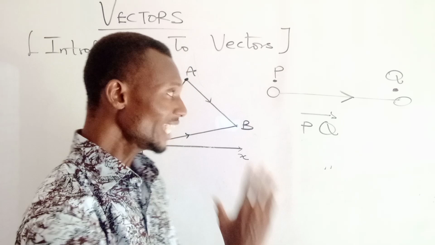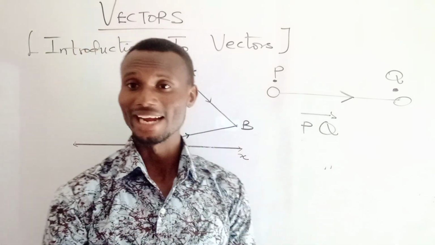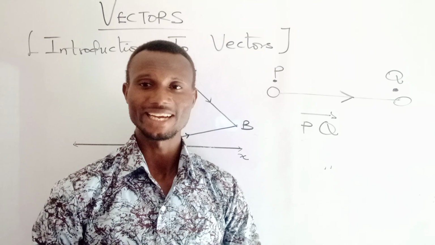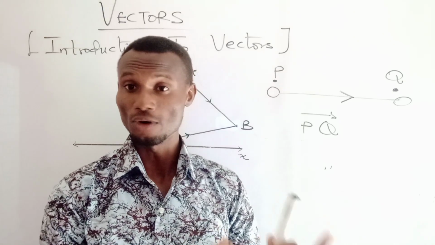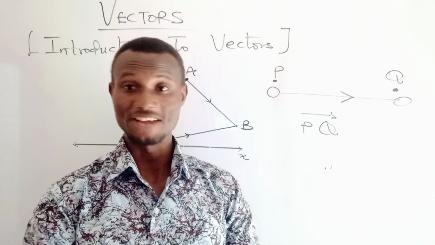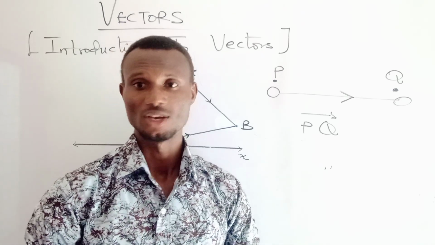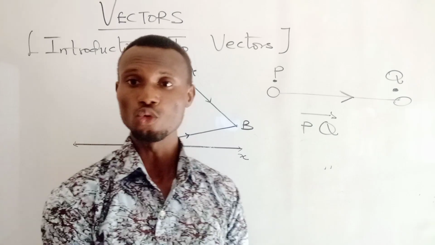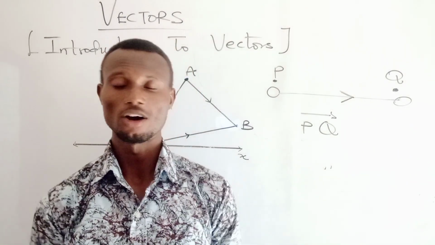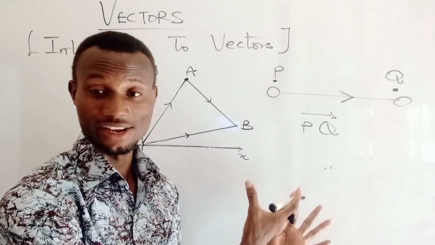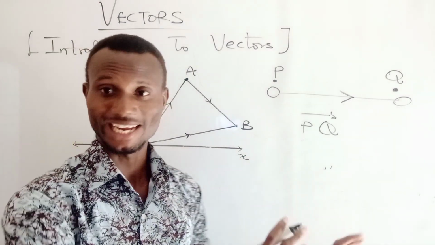I'm going to use another practical example to explain it to you. Let's take another example like force. Force is also an example of a vector, because a force is simply a pull or a push of an object. Let me do an illustration on the board so that it can be easy for you.